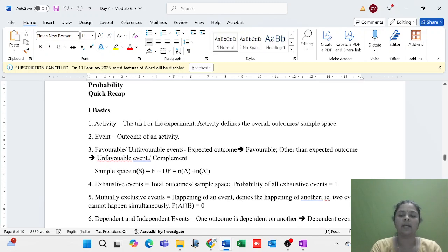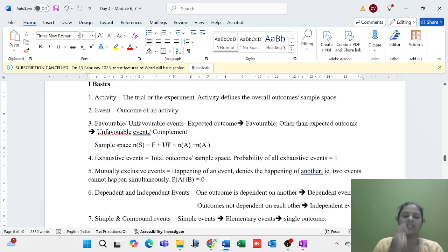So let's quickly go through the basics first. What is an activity? An activity is the trial or the experiment. So basically what you do is the activity, and this activity will define the total number of possible outcomes, which is the total sample space. Event is the expected outcome of an activity. This event can be favorable or unfavorable.